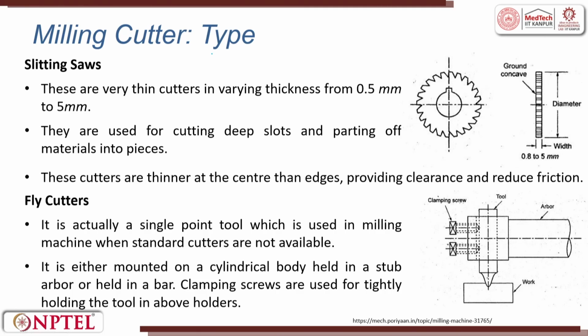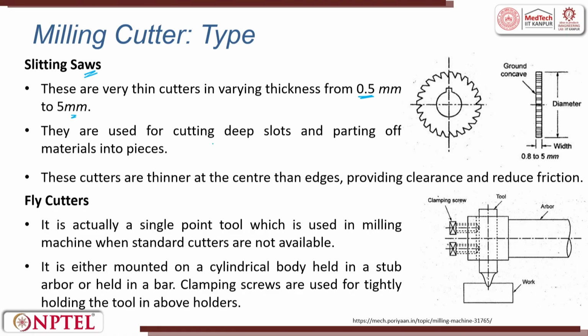These are some of the types of milling cutters. When the milling cutter becomes very small, it is called a saw. The saw is used to cut the piece, or for parting the piece, splitting it. The thickness can vary from 0.5 millimeter to 5 millimeter. Basically, for wood and similar materials we do sawing operations.